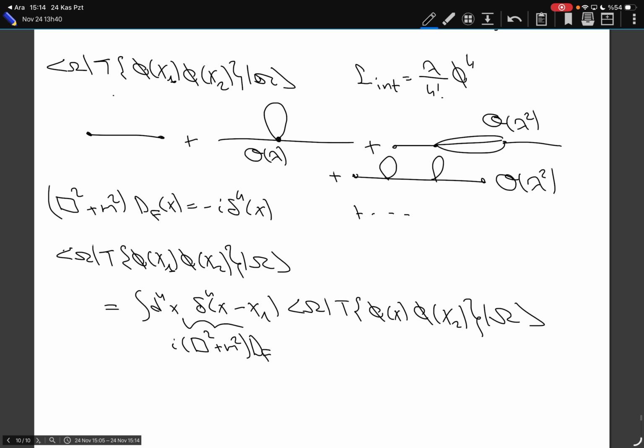X minus x1. I want the x to become x1. So this is the Feynman propagator at x1 minus x1. This is equal to I d4x. This is the derivative with respect to x.